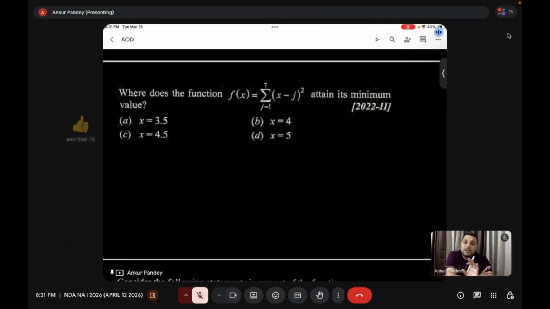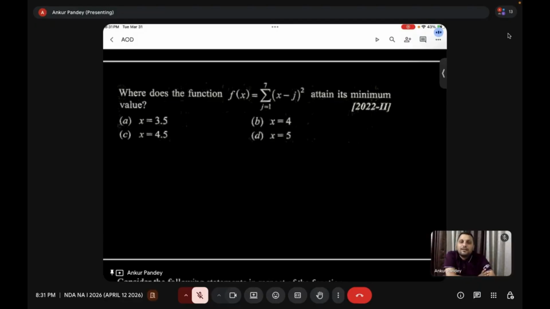Where does this function attain the minimum value? Where? I know the answer of this from statistics. It is the mean of 1 to 7. What is the mean of 1 to 7?